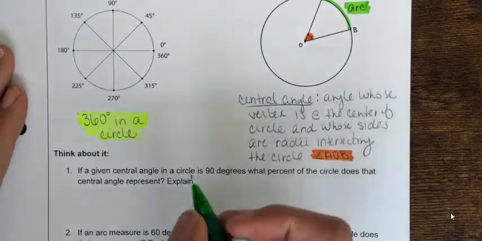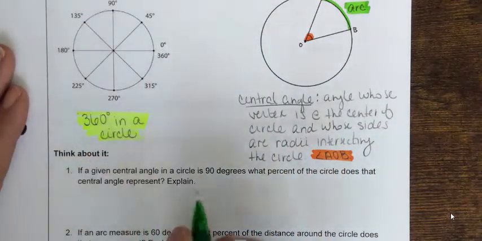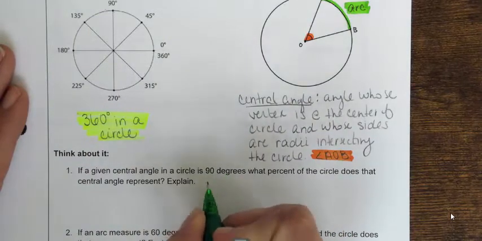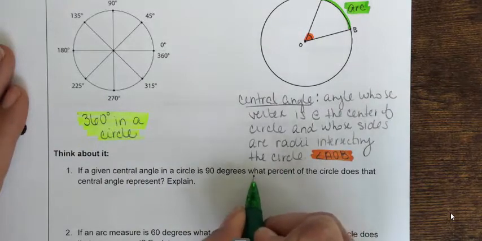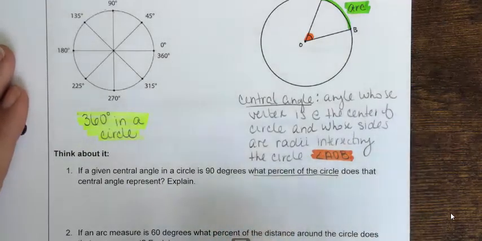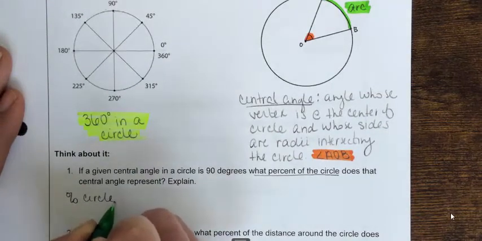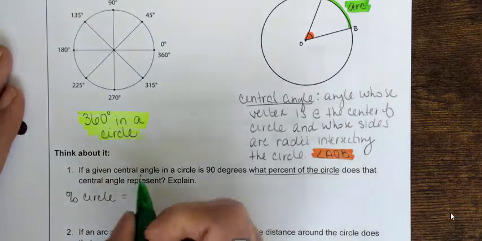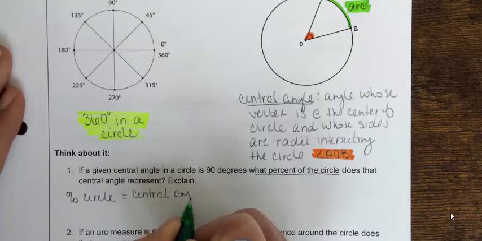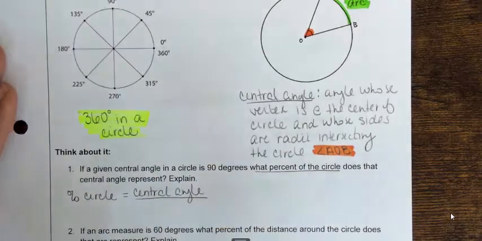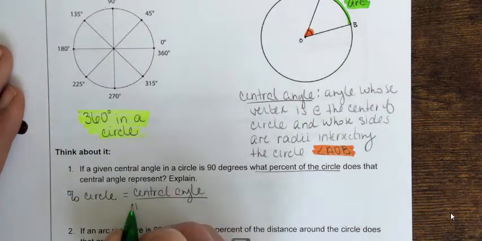We can do this a couple ways. You can do it visually and say to yourself, yep, that's a quarter. Or you can take the number of degrees that you have. Anytime it asks what percent of the circle do you have, the way that you find the percent of the circle every single time is you take that central angle and you divide it by the total amount of degrees in the circle.